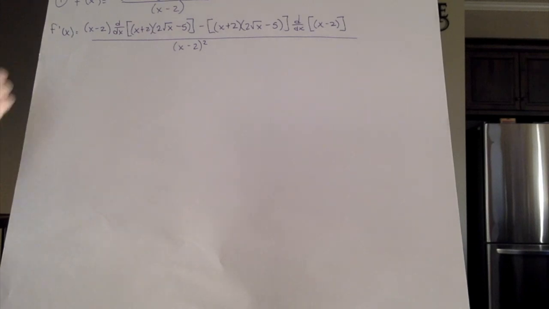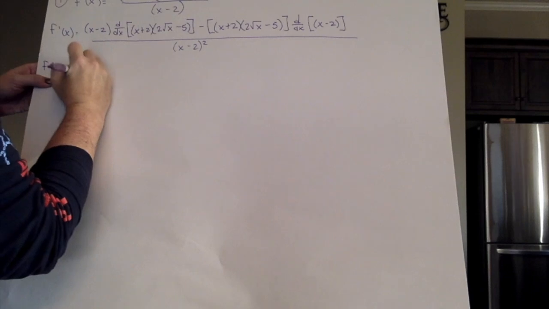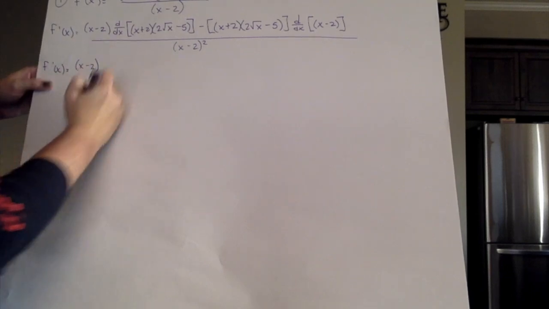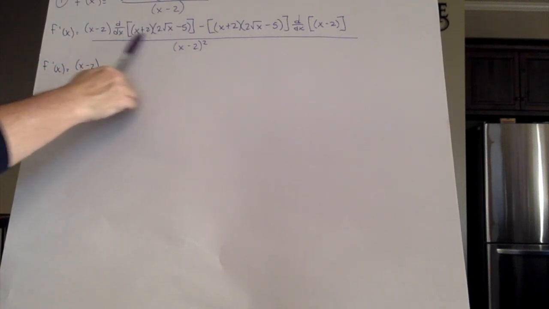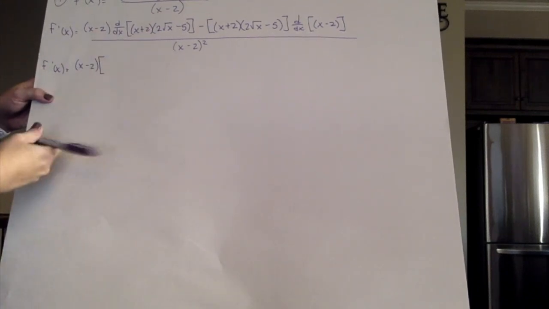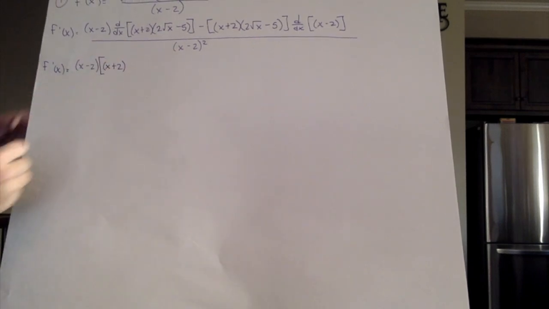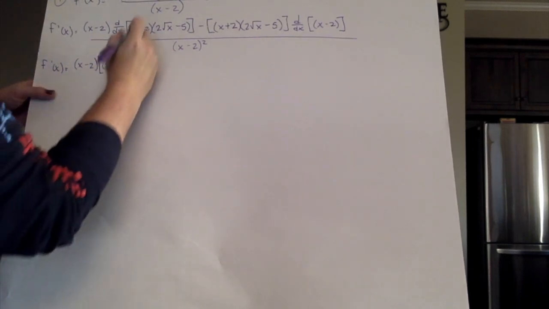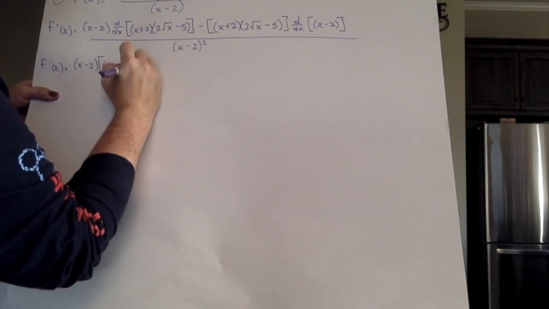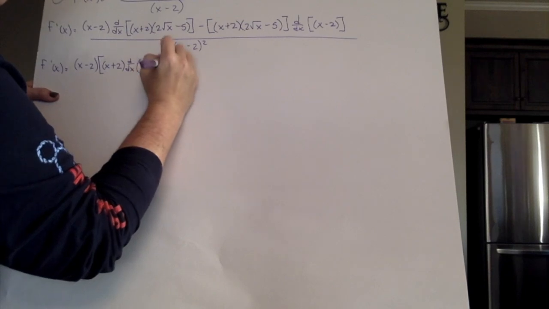When we work with this, then, we'll have x minus 2. Now, the derivative of this is a product rule. So I'm going to leave that in brackets, and I'm going to have first, which is x plus 2, times the derivative, so I'm going to write d dx, of 2 square roots of x minus 5.